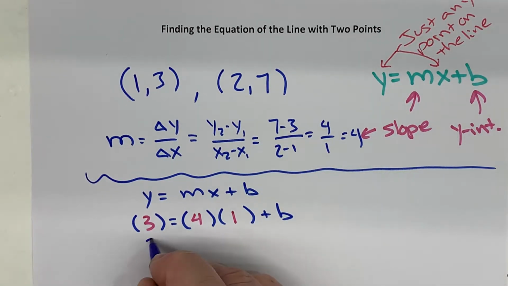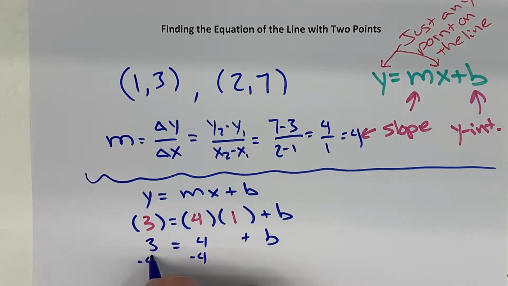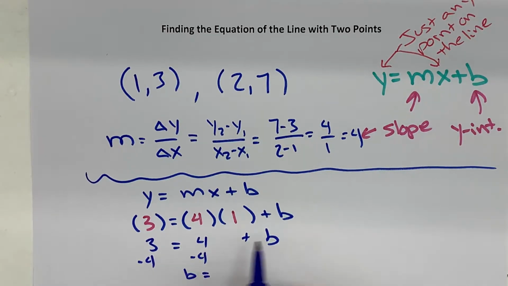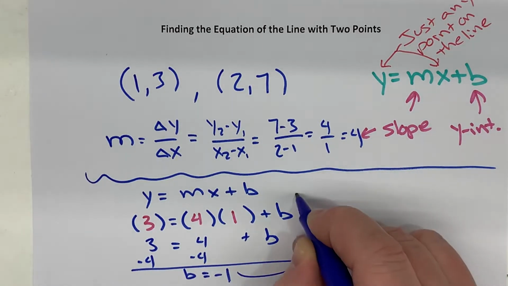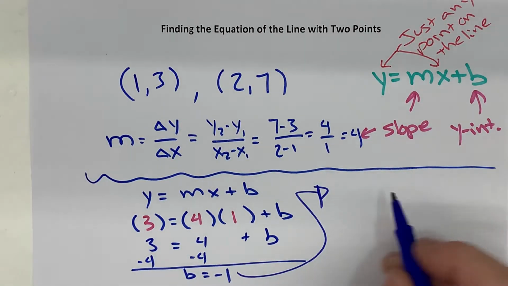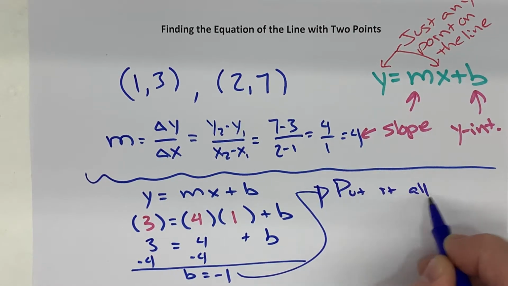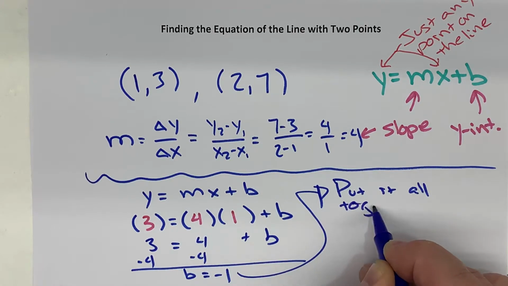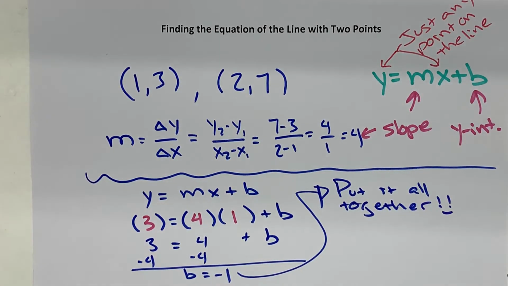So I get 3 equals 4 times 1 is 4 plus b. Subtract 4 from both sides, and I get b equals -1. Now, I'm going to put it all together.